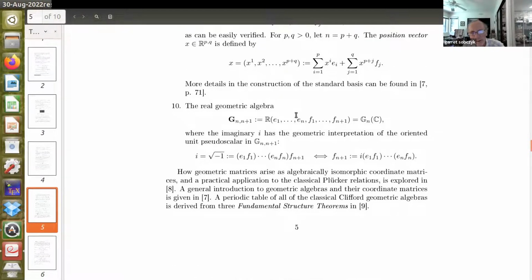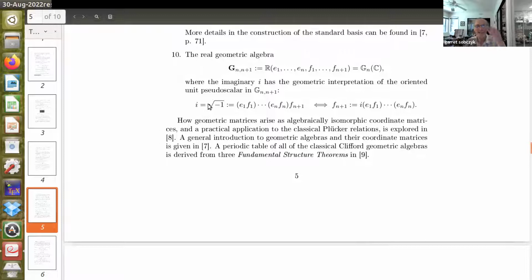And now in this property, if I add one more anti-commutative vector, which has square minus 1, then I get something isomorphic to the geometric algebra over the complex numbers. So in this case, we can give the elements of Gn over the complex, the Clifford algebra over the complex numbers generated by n vectors which have square plus 1, to be the Clifford algebra n plus 1.